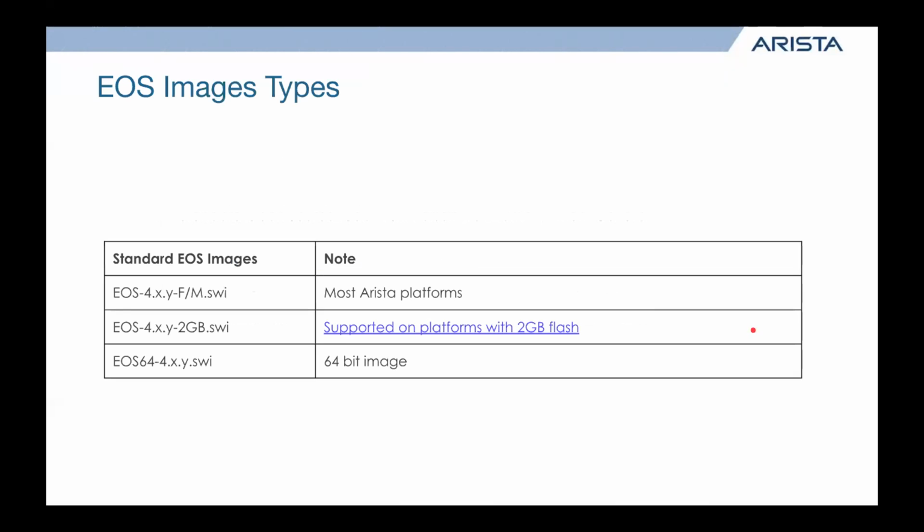So even though we offer a single binary for the majority of platforms, you will occasionally see a couple flavors of that binary. The standard image is going to follow this format. You'll see EOS, followed by 3 numbers, followed by F or M.SWI. The first 2 numbers here are going to be the train. The third number is going to be the release in that train.